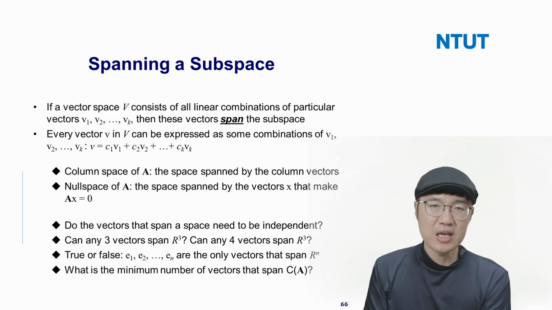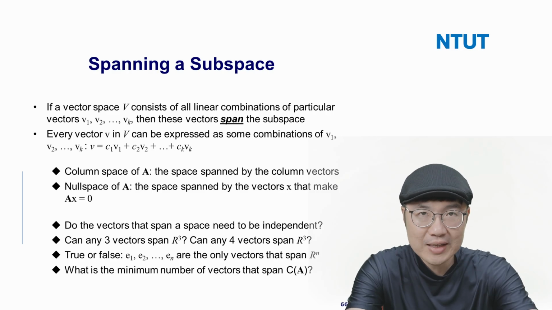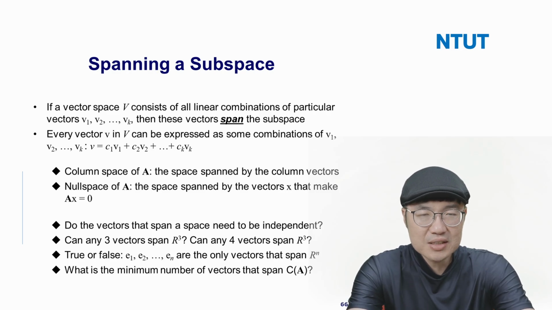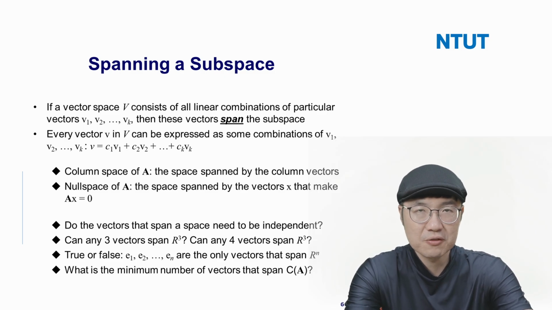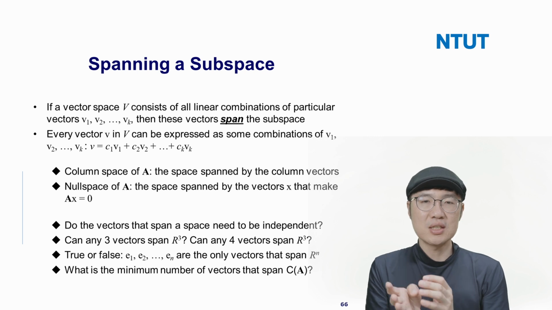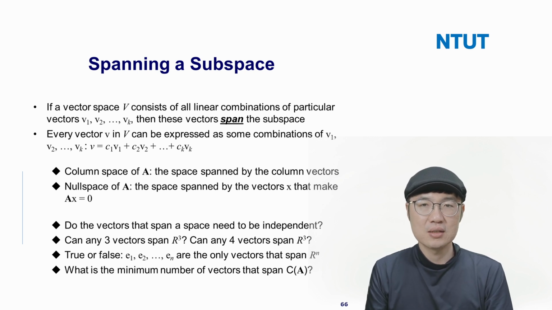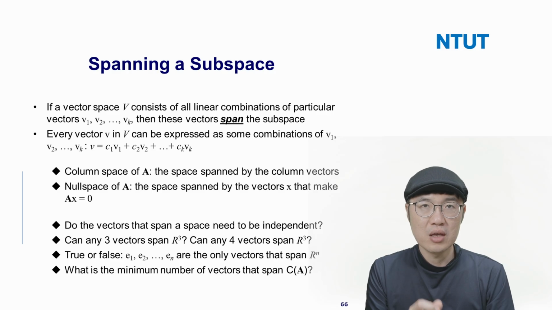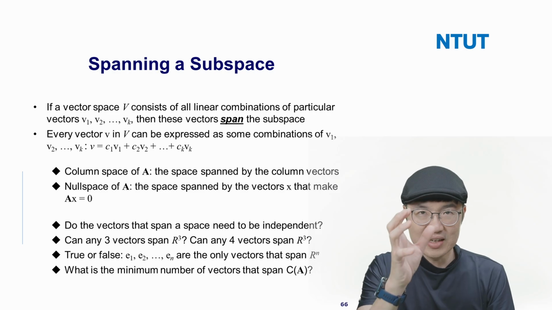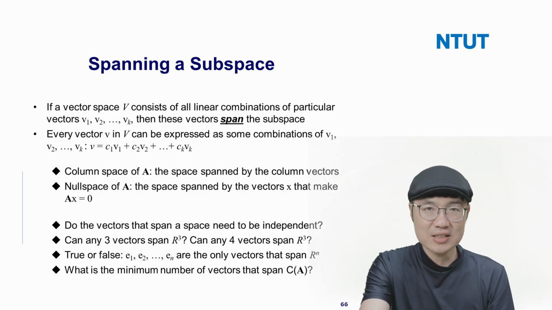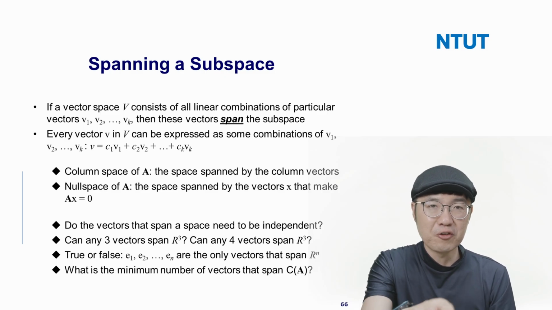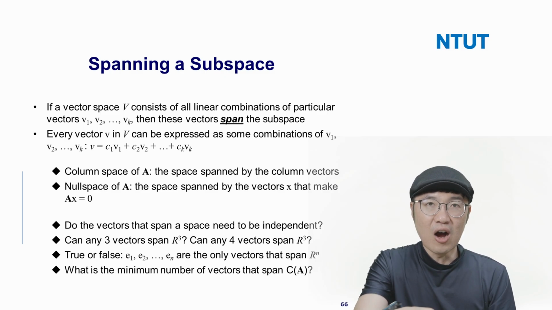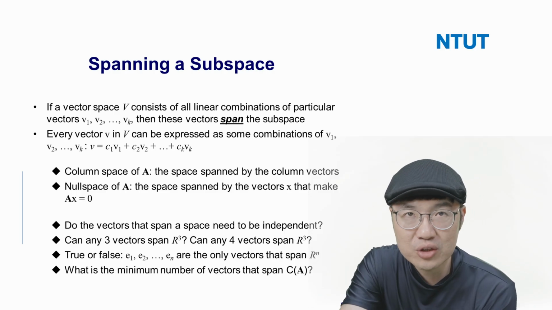Span is, if you have 4 vectors, you may consider: here is the first vector, second vector, third vector, and fourth vector. You think you have only 4 vectors. That's not true. You have all the vectors in the world that are linear combinations of these vectors. The linear combinations of the 4 vectors at hand are all the information you have.